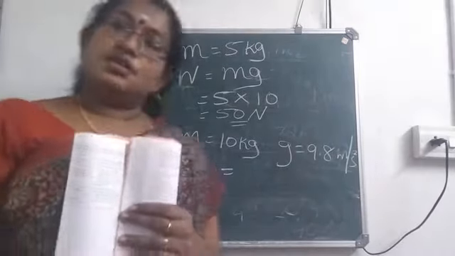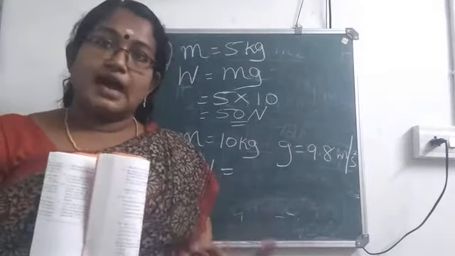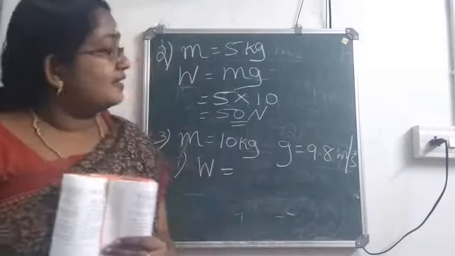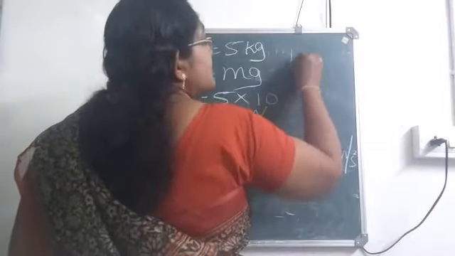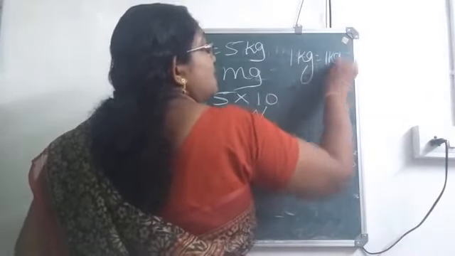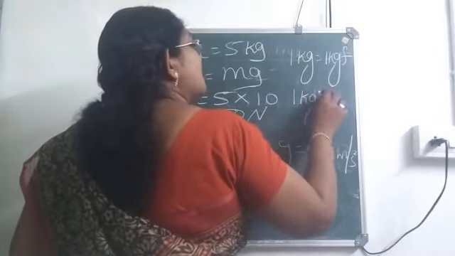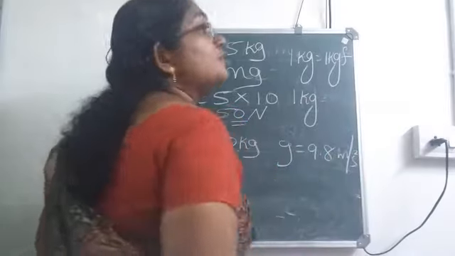When you are considering kilogram and kilogram force, both are equivalent. You can note it somewhere, 1 kg is equal to 1 kgf. But it is different when you are considering Newton.